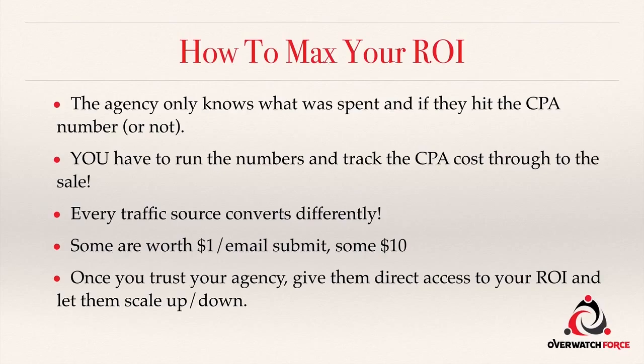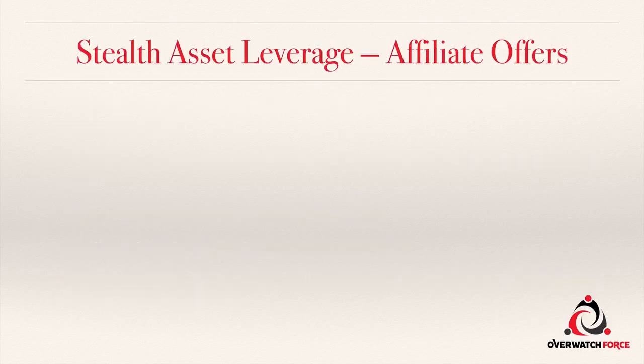So once you have that signed agreement in place and once you trust them, you certainly don't want to do this right off the bat, but once you find somebody you can trust, just give them the reports, let them run it, and let them dynamically scale up or down the traffic sources that are converting the best.